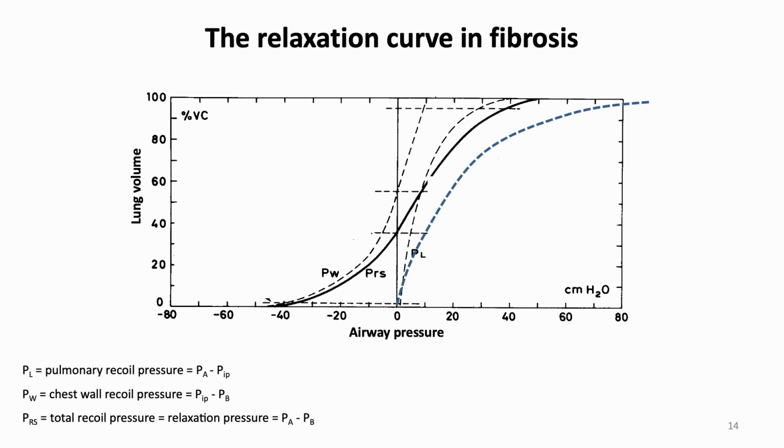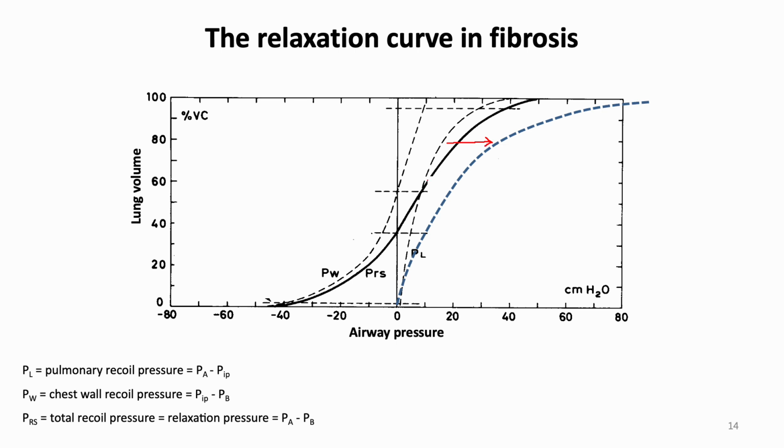Yes, another example is pathological reduction in pulmonary compliance, which is what we see in pulmonary fibrosis. Under these circumstances, the pulmonary recoil pressure curve will be right shifted, which is what I've tried to show here.